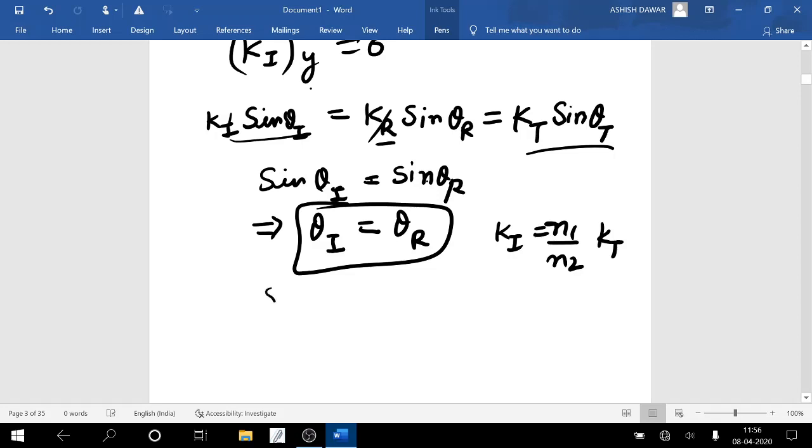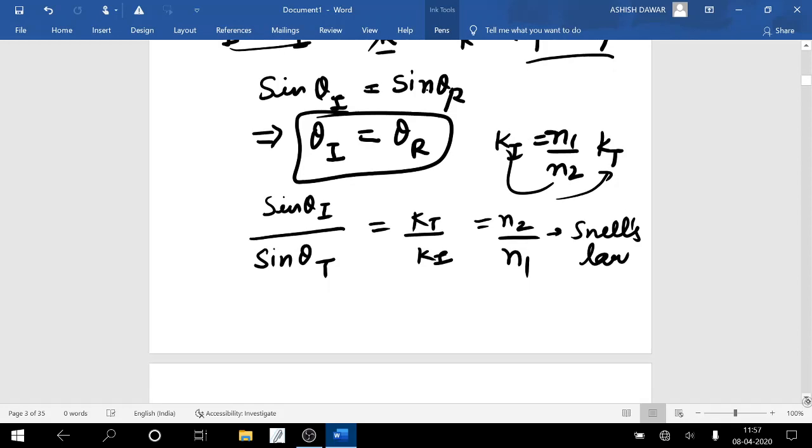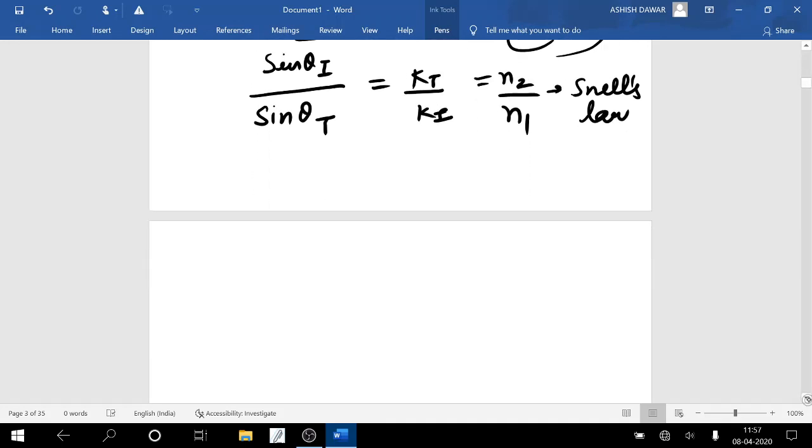So from here, sine theta_i upon sine theta_t equals k_t upon k_i, and k_t upon k_i equals n2 upon n1. That is the ratio of the two media, which is Snell's law, the law of refraction. So we get the different laws. These are the fundamental laws of geometrical optics.